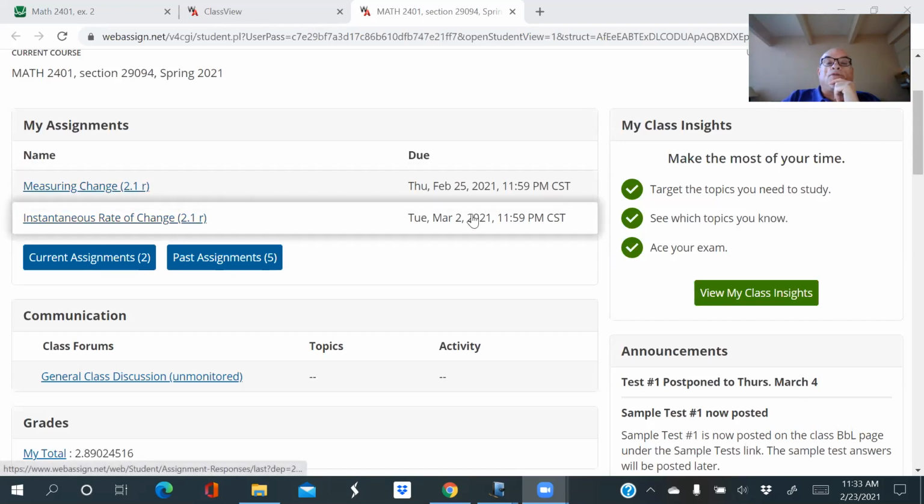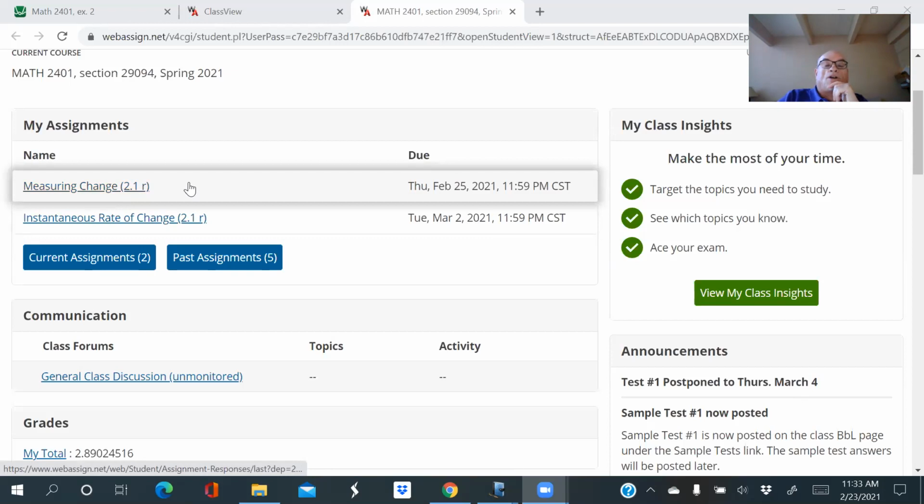These homeworks, I moved back a little bit. So we are talking today about, these homeworks that I'm pointing to now, in WebAssign. This homework on measuring change, we've already started talking about that, and we're going to continue talking about that today. And so hopefully you'll be able to finish that homework assignment by Thursday.